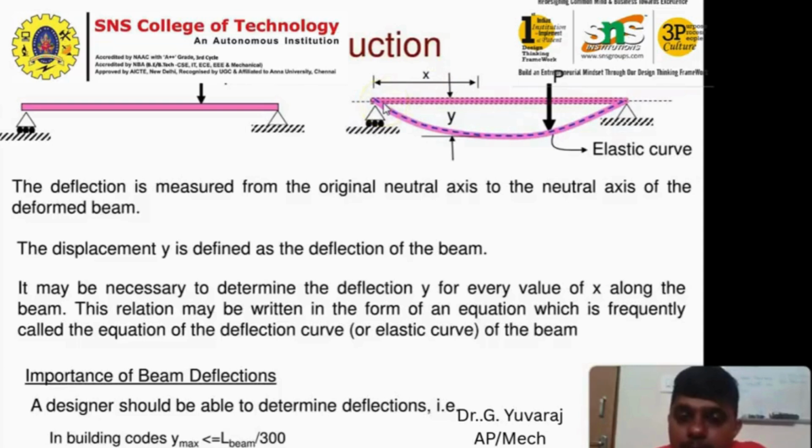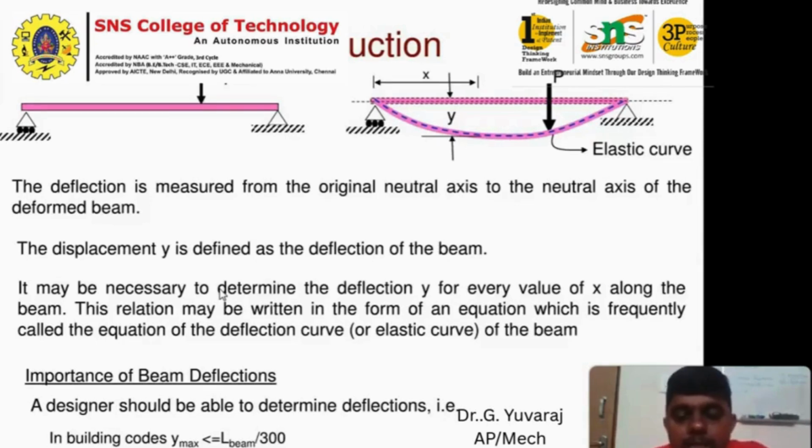So we determine the deflection y for every value of x along the beam. This relation may be written as an equation, frequently called the equation of the deflection curve, or the elastic curve of the beam.